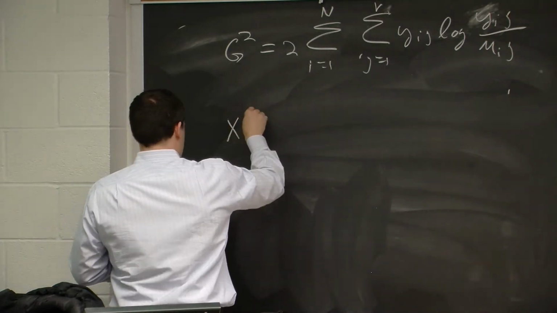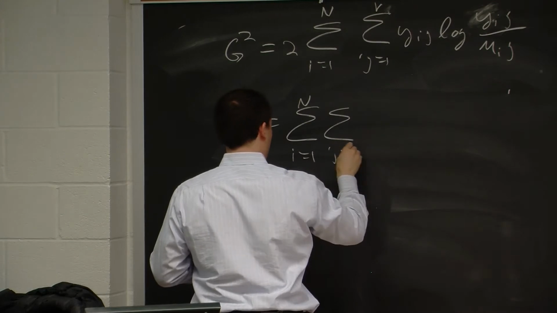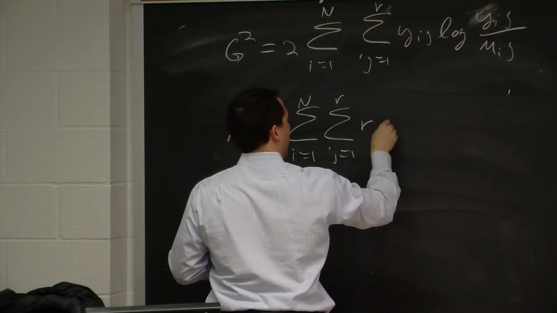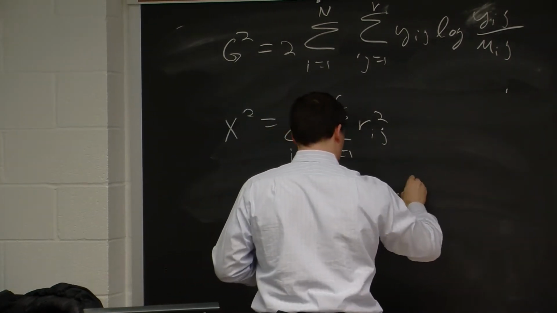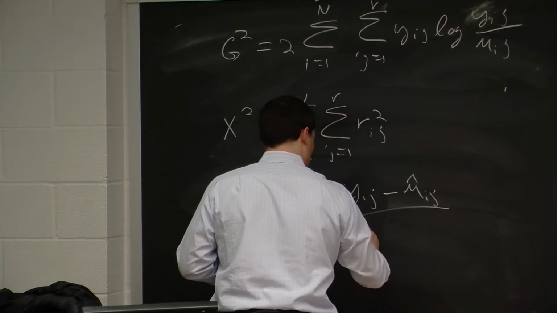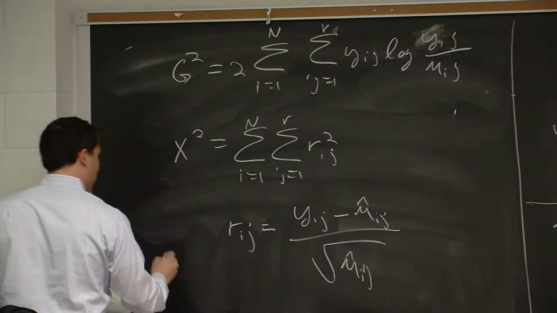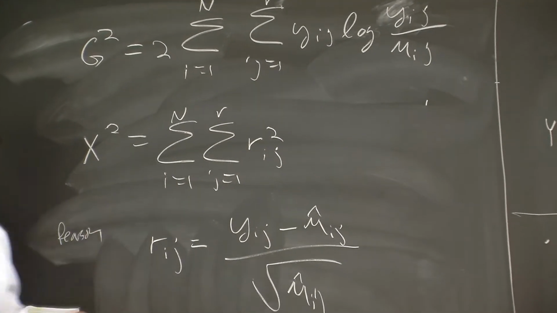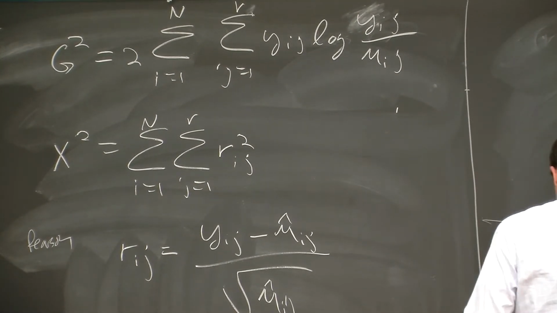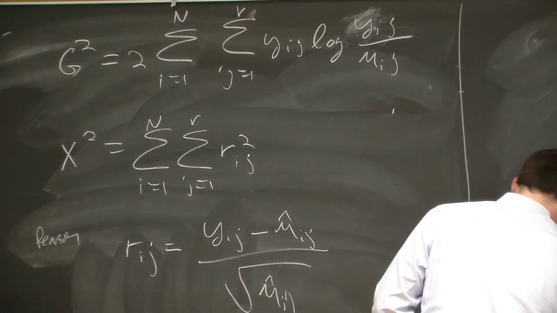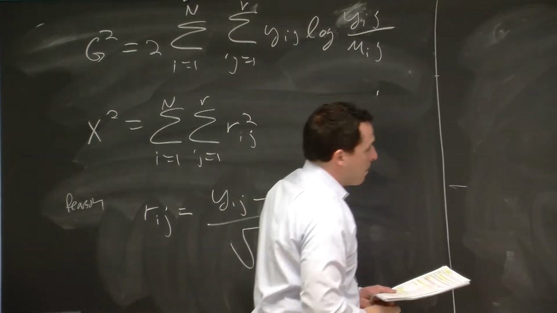And we can do a Pearson statistic with R_ij equal to observed minus expected over the square root of expected. So these are the Pearson residuals. And just as in the other cases, if the model is true and no more than 20% of our cells have expected counts below 5, and none are below 1.